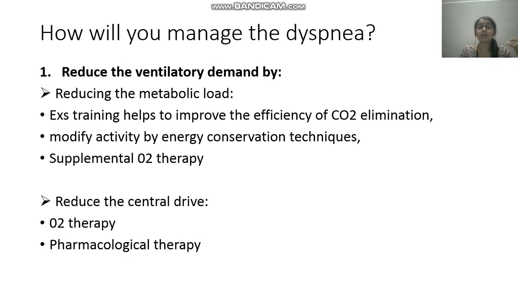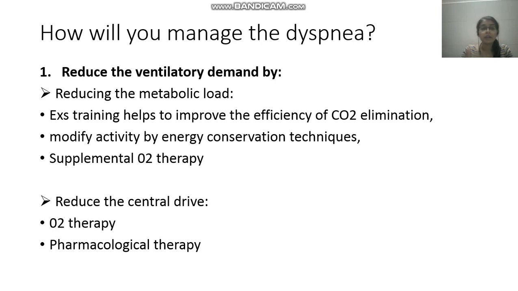There is no proper amount of time for carbon dioxide to get eliminated because expiration time decreases. So what happens after doing exercise is that it helps the respiratory system to eliminate your carbon dioxide efficiently.